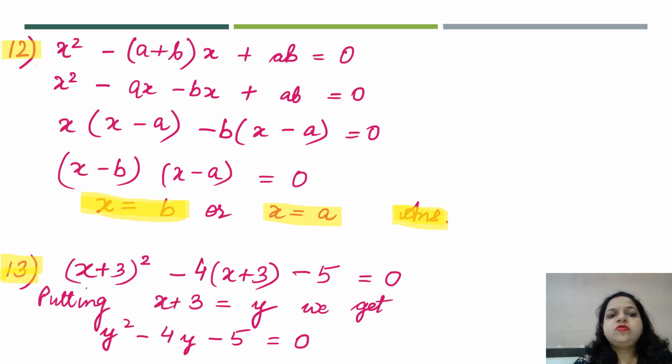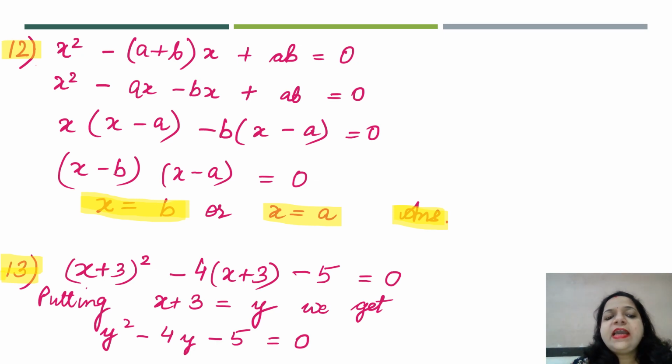So what does the 12th question say? x square minus (a plus b) into x plus ab is equal to 0. We open the bracket and we find x square minus ax minus bx plus ab is equal to 0.